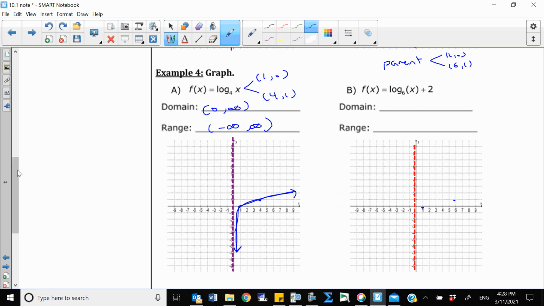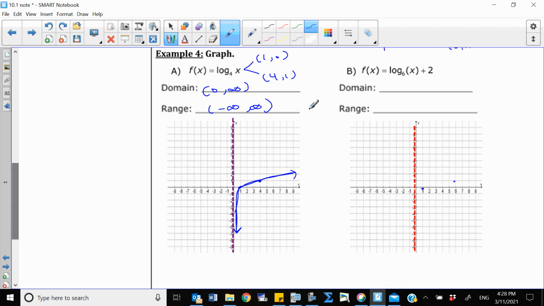Now, what transformation do I see here? This is up 2, because we are adding something to our function. So all these 2 points are going to be moved up 2. This one will be here, and this one will be here, up 2. The asymptote, if I move it up, it's not going to change because it's a vertical line.